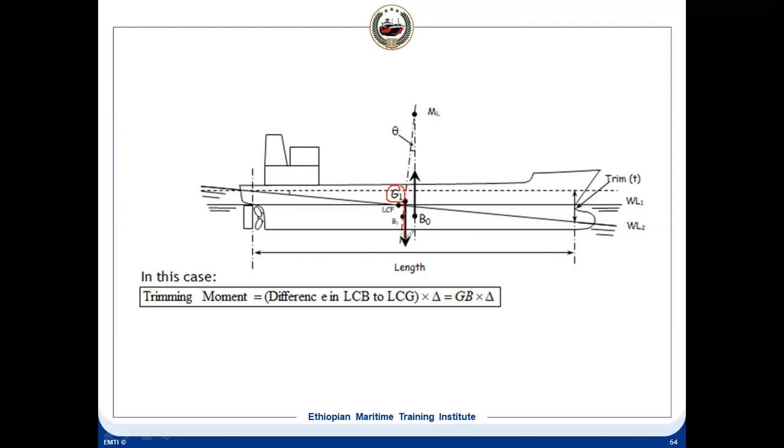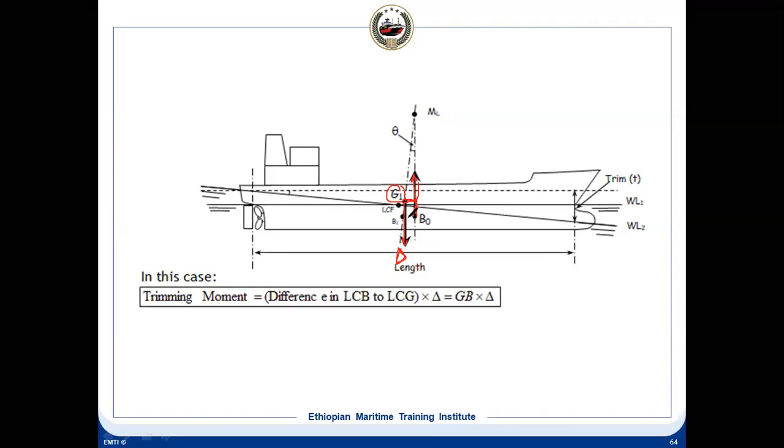So G is acting downward at this point, delta G. We sometimes take only the delta because G is common, and B is in the upward direction. B is also delta G. So now there is a moment because they are not on the same line. If we take B1, there is no moment for that, it means the trim has already happened.